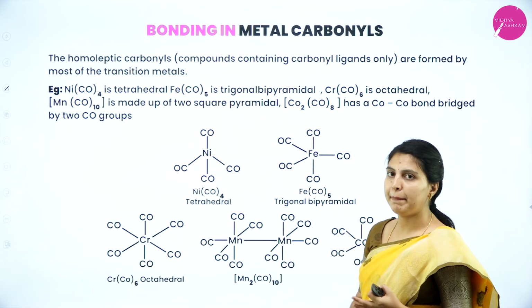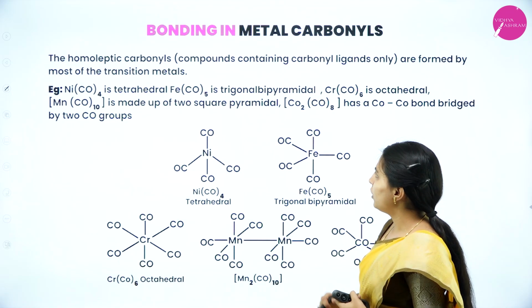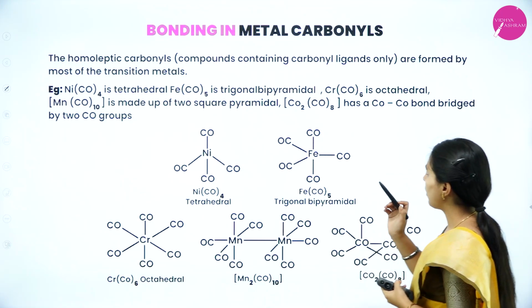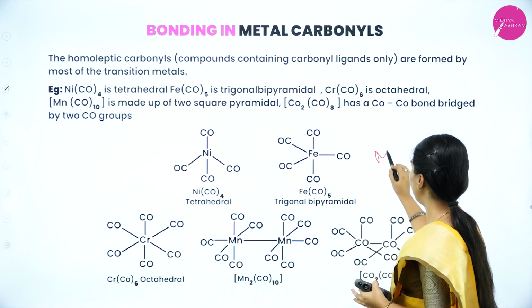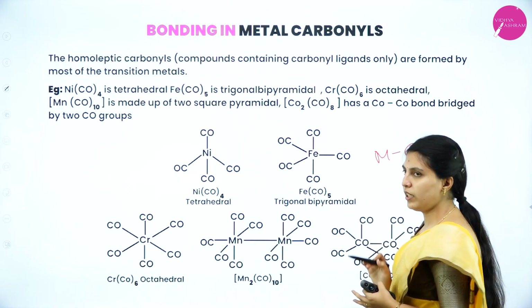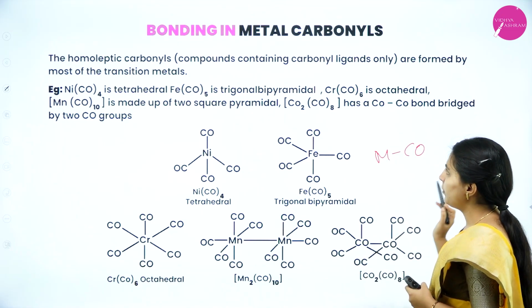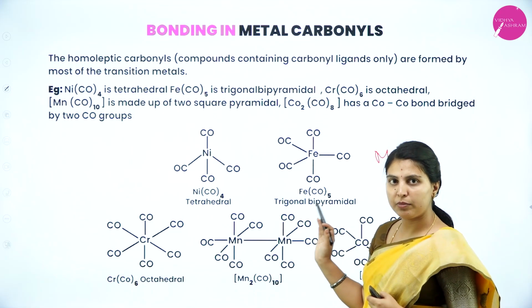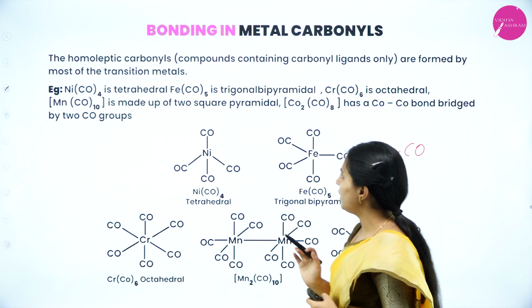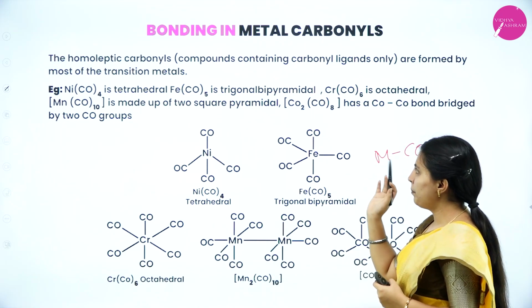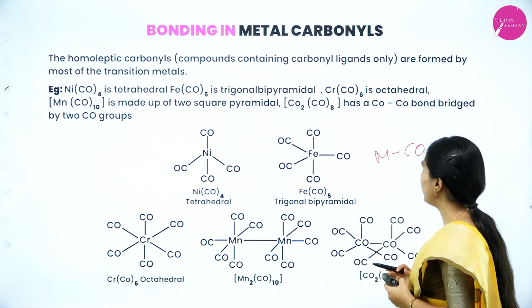Next, bonding in metal carbonyls. The homoleptic carbonyl compounds contain carbonyl ligands only. Metal carbonyls are formed by transition metals. Nickel tetracarbonyl is tetrahedral. Iron pentacarbonyl is trigonal bipyramidal.